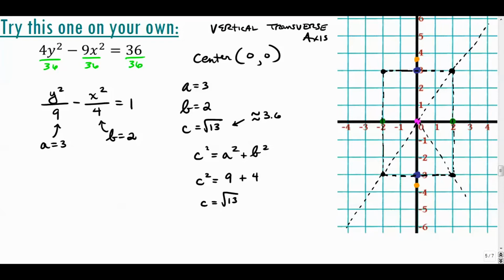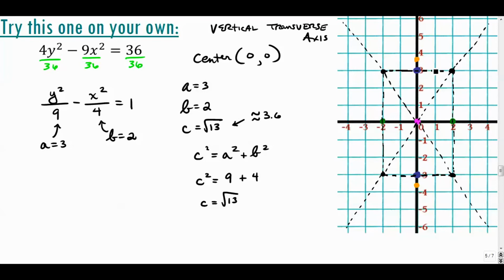And again, it's probably a lot easier for you guys to use your straight edges to draw these things. Mine aren't super straight because I'm on a computer tablet here. It's a little bit tricky, but I don't think it's too terrible. Those are our asymptotes. This is what's going to shape our hyperbola.